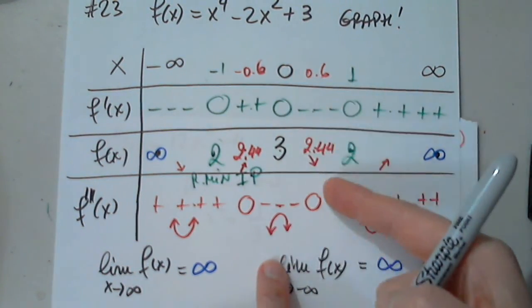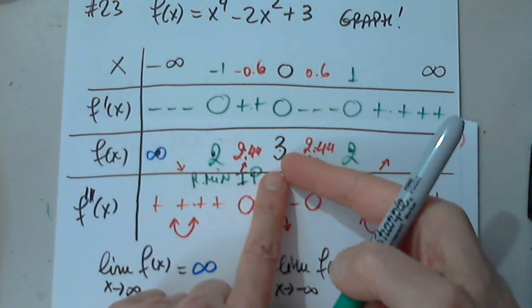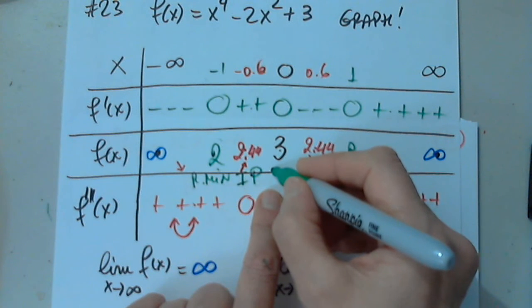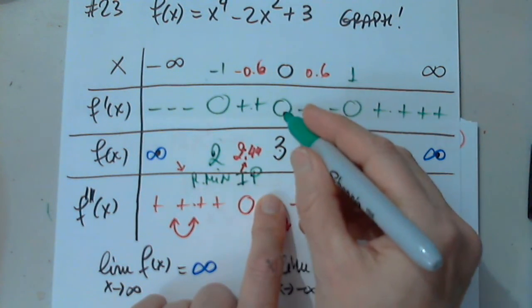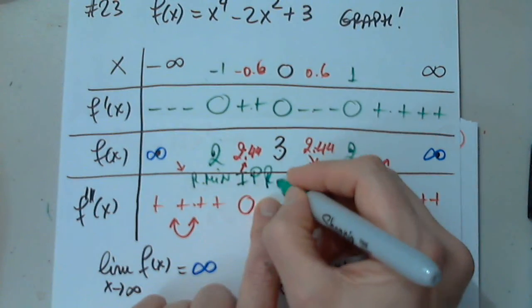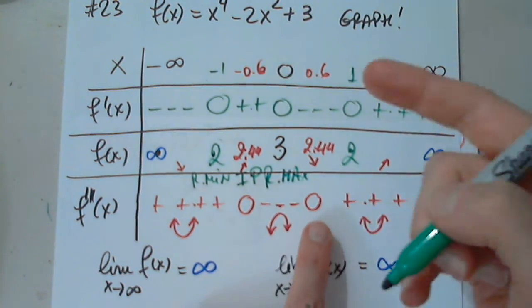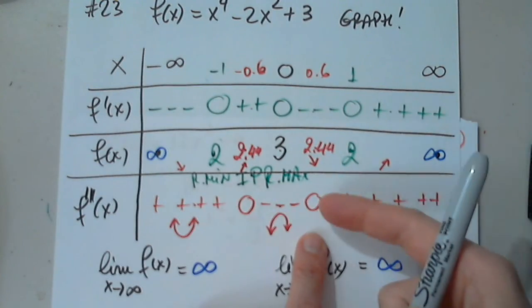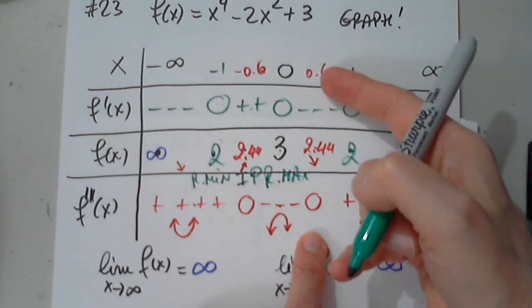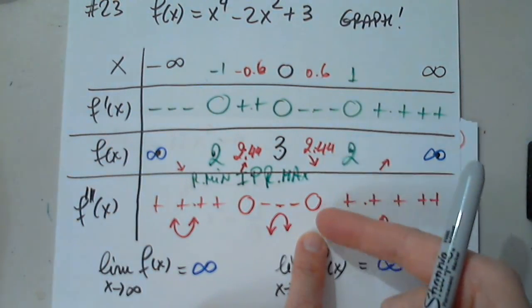So what type of point is 0, 3? Relative max. Excellent. What type of point is 0.6, 2.44? Inflection point.